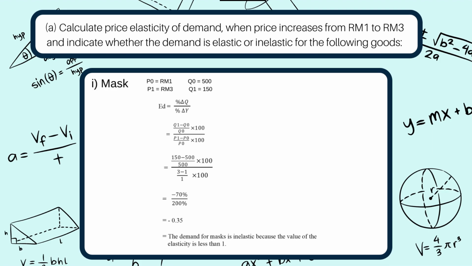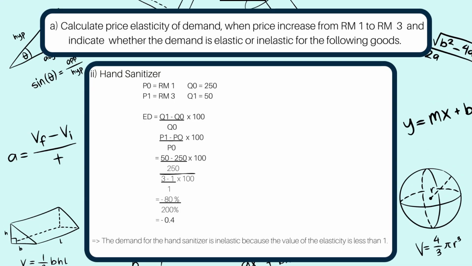Negative 77 percent divided by 200 percent. The answer is negative 0.35. The demand for mask is inelastic because the value of the elasticity is less than 1.